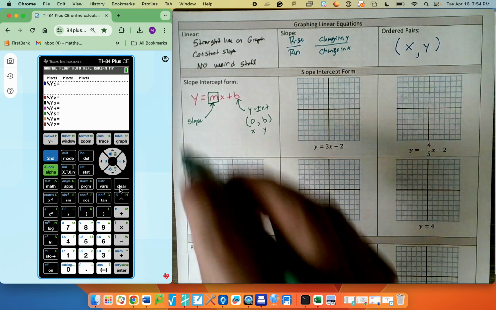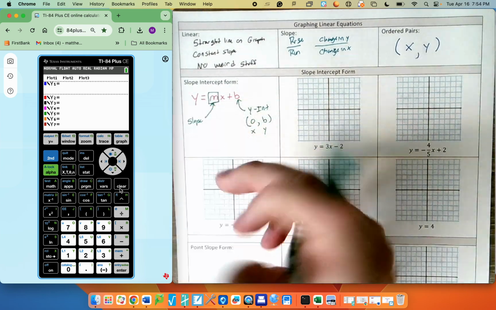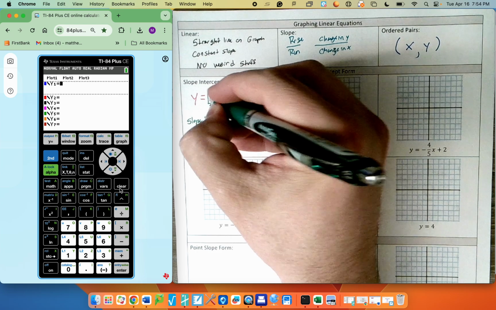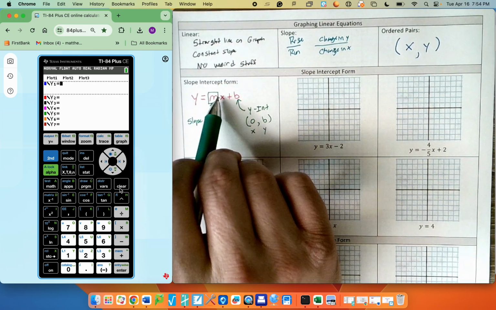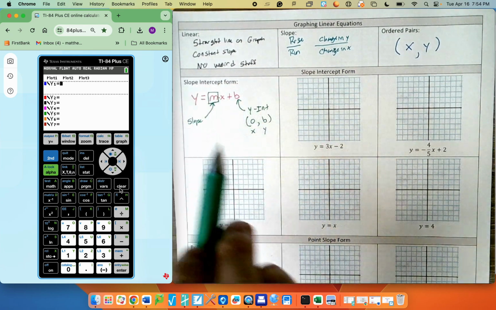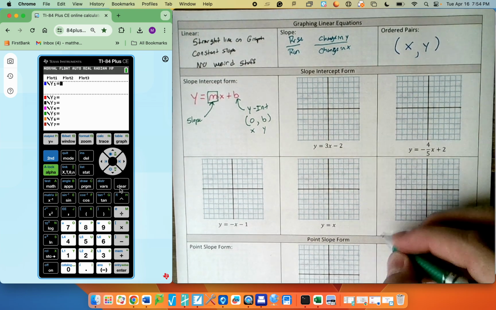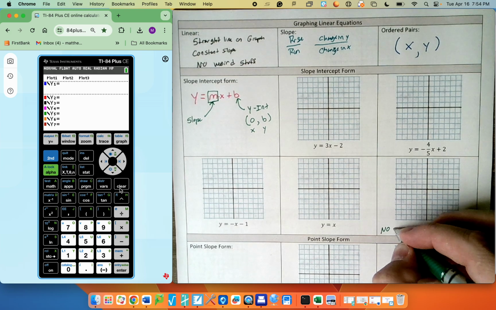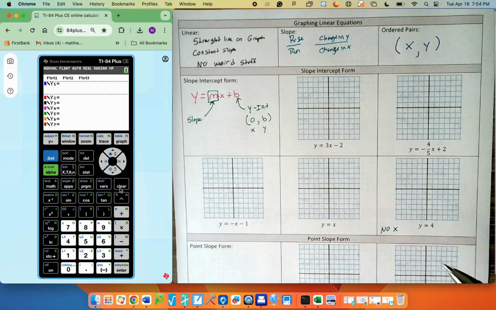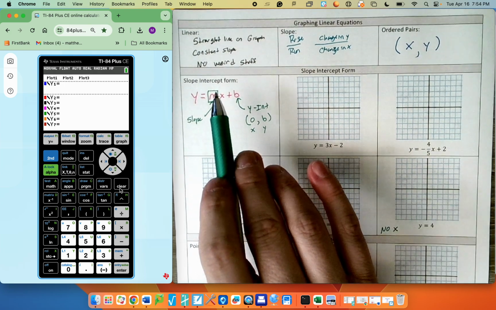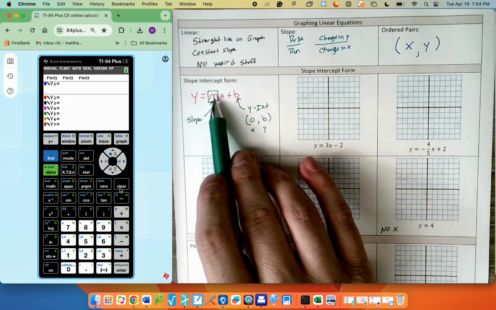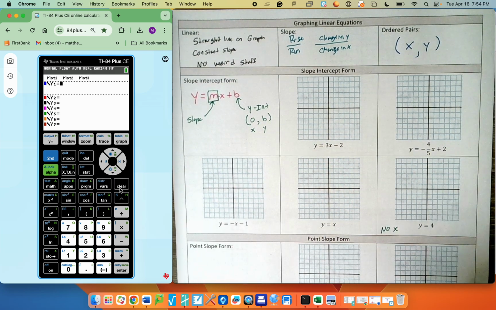It's not m and the x, it's just m. But the slope is always connected to the x. So if we look into the future at this problem right here, and there's no x, doesn't mean there's no slope. It just means that the m took the x with it, and we'll deal with it when we get there.